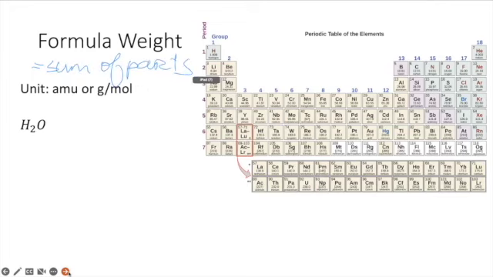So if it has 2 hydrogens and 1 oxygen, it has to be the sum of that. So 2 times 1.008. I'm going to look up what oxygen is. I could theoretically say 1 times, but we know that that's a little redundant.